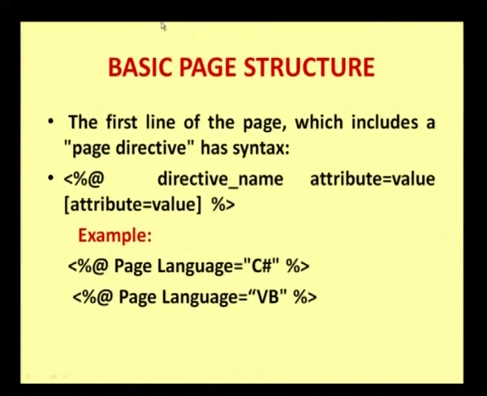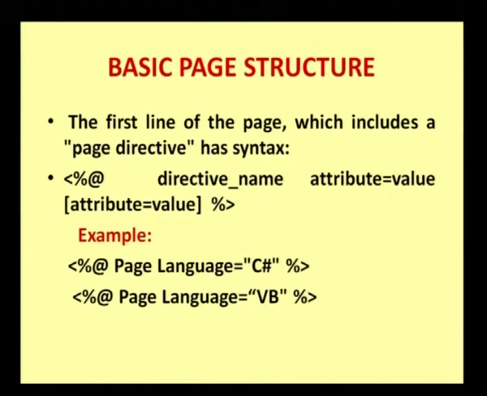Now the basic page structure for ASP.NET. The ASP page consists of the page directives and the script which should be run on the server, and the rest of the page contains the actions and the HTML program. Let us see an example.